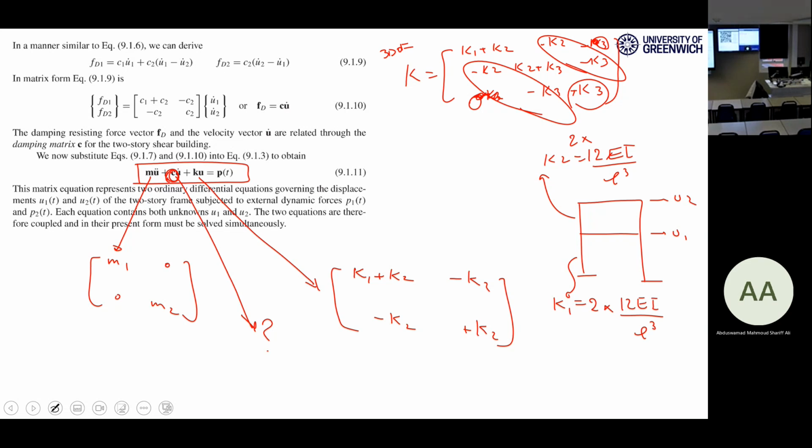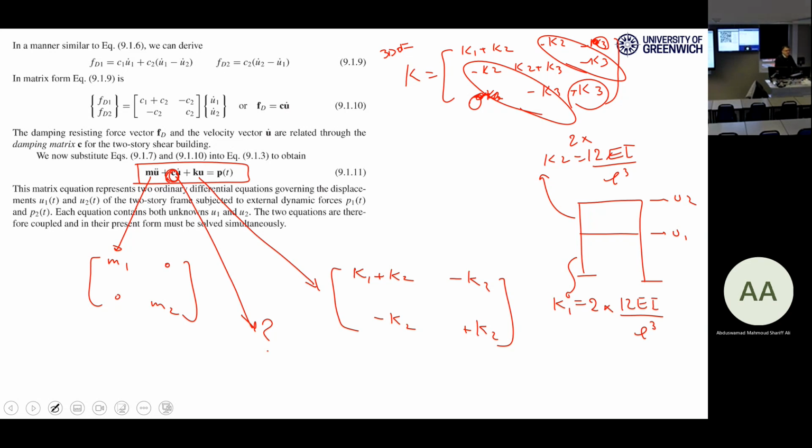And don't worry about this, because sometimes we ideally assume we don't have damping. Damping is 0. Just solve the problem, although it's not realistic. In any case, we have some damping in place. But don't worry about the damping. We mostly deal with mass and stiffness.